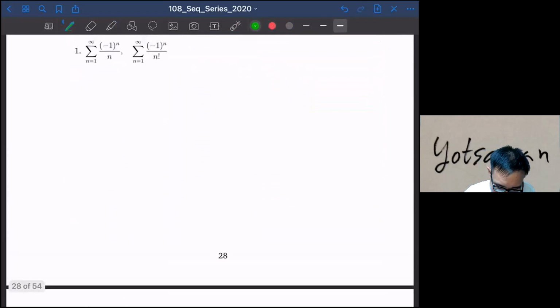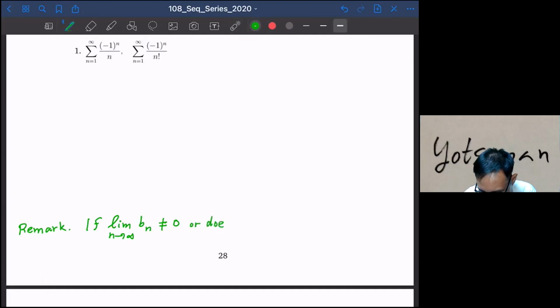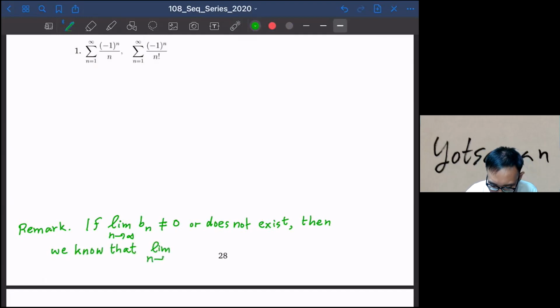Let me also make a remark here. If the limit as n goes to infinity of bn does not equal 0, or does not exist, then we know that the limit as n goes to infinity of (-1)^n bn does not exist.